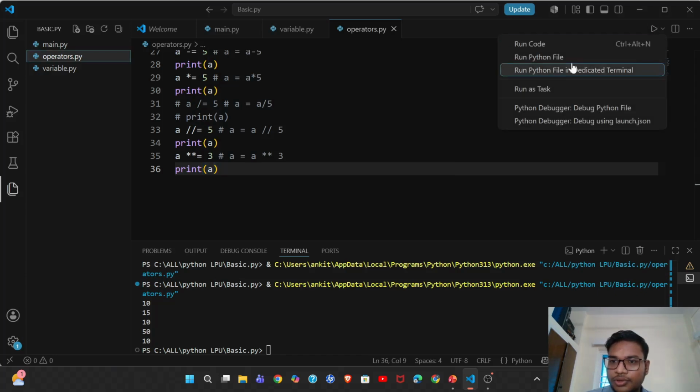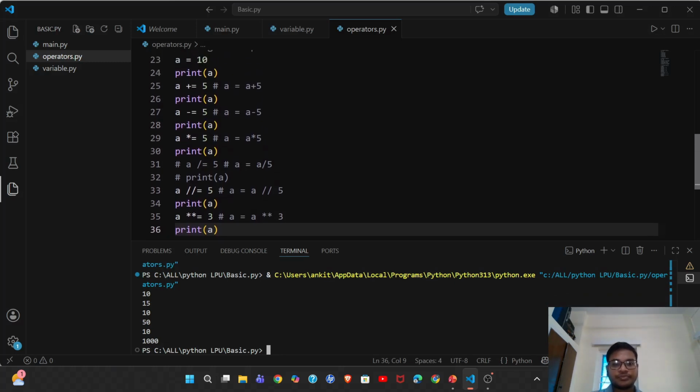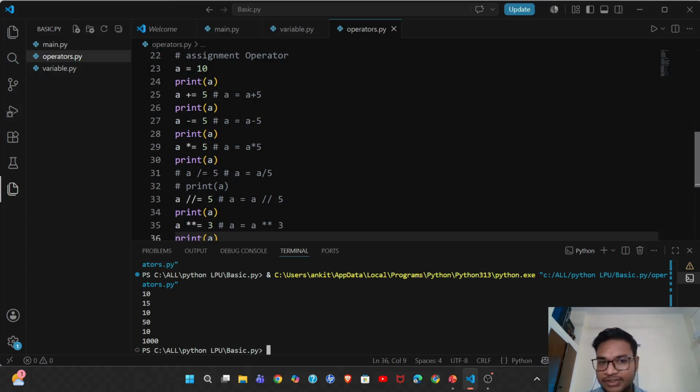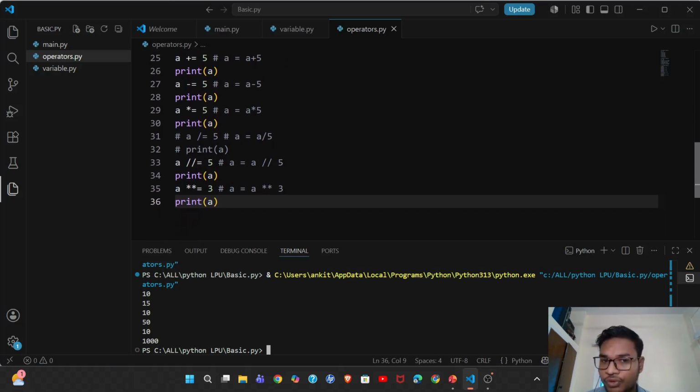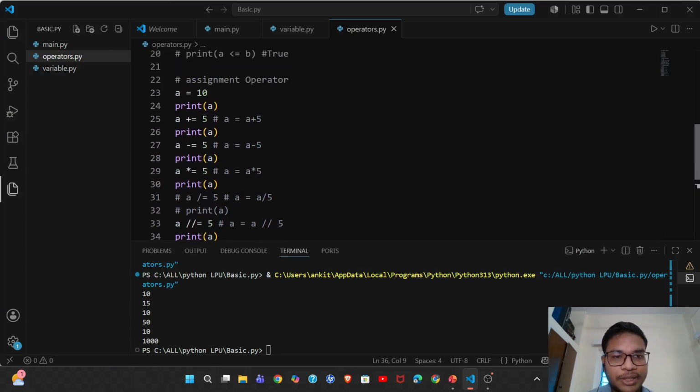Okay, so just think, 1000, correct? So this is all about the assignment operator, and we deal with equal to sign, plus equal to sign, minus equal to sign, asterisk equal to sign, division equal to sign, floor division equal to sign, exponent double asterisk equal to sign. That's the exponential. There we just find power. So this is all about the assignment operator.